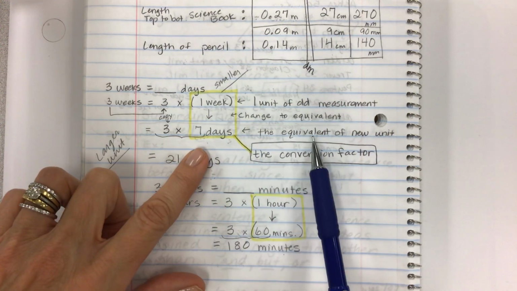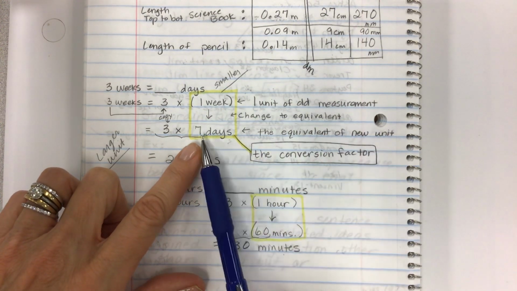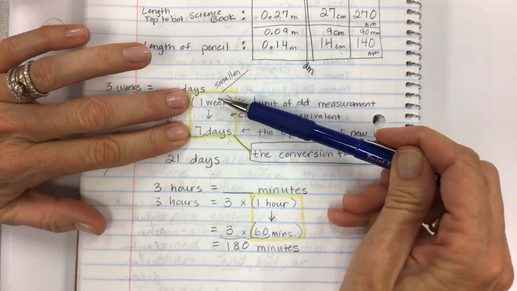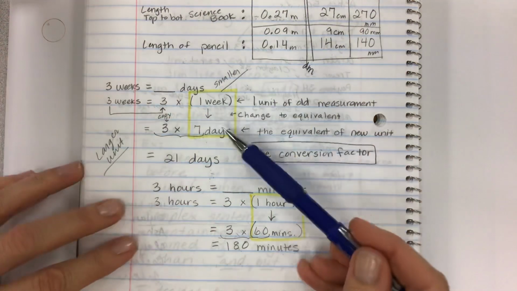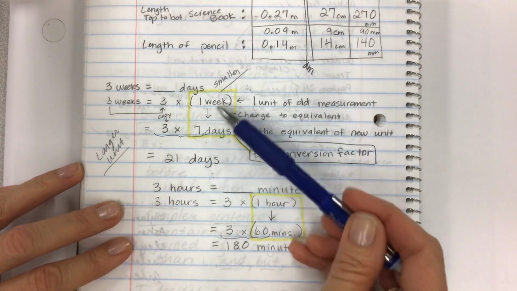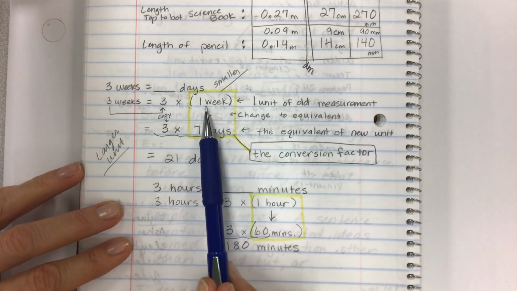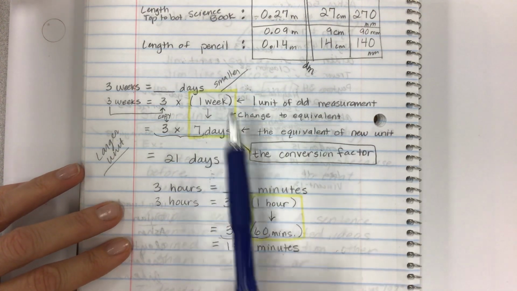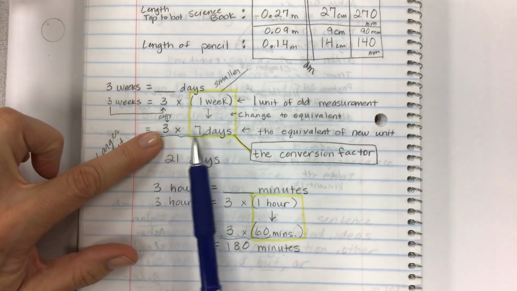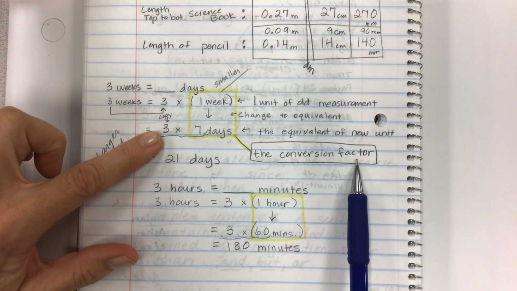You want the equivalent of the new unit and put that here. So take your 1 week and change that to 7 days. You do have to know what the conversion is for whatever the single unit is. So that's going to be where I have to know that 7 days are equal to a week. Now I have this conversion factor. A factor is a number you multiply.